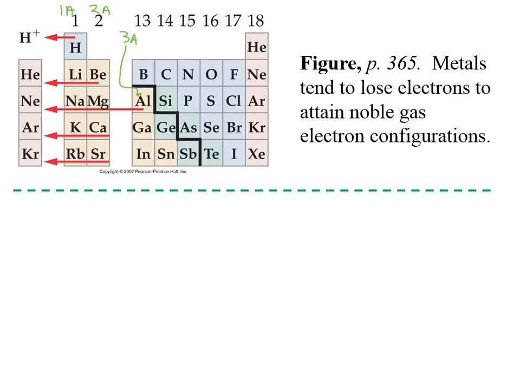Those are the number of valence electrons that those elements have. They kick off all of their valence electrons. I told you a minute ago, how many electrons is potassium going to kick off? 1 electron. How many electrons is calcium going to kick off? 2 electrons. 1 and 2, respectively.